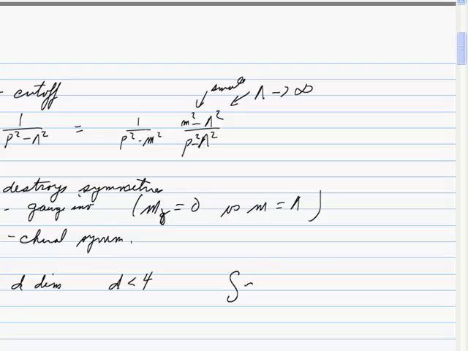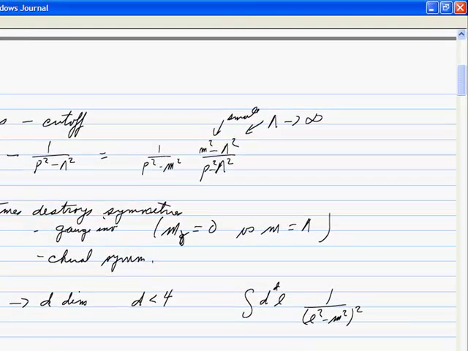If you have the integral d^d L over something, let's call it L squared minus M squared, when d is 4, this is log divergent. It goes like d^4 L over L to the 4th, that's log divergent. But if d is less than 4, then it's finite. So it becomes finite.